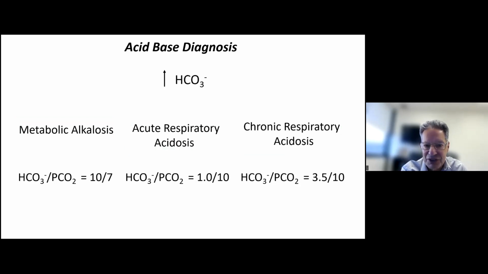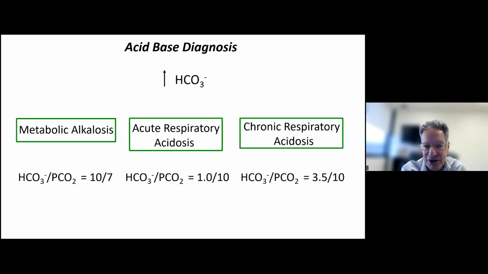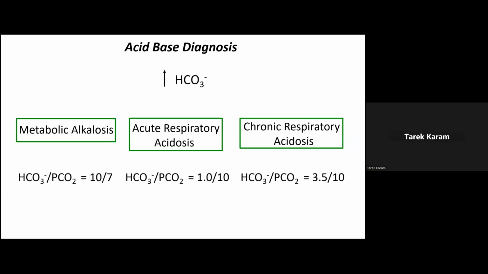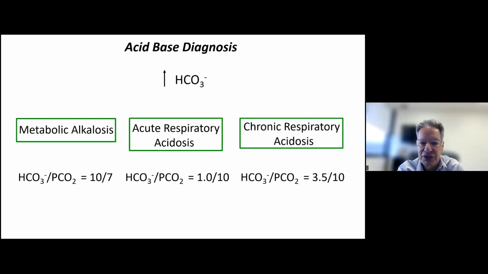And conversely, if you see the bicarbonate elevated, then if you see one of these three ratios, it's one of these three acid-base disorders and not mixed. It's not complex by definition.